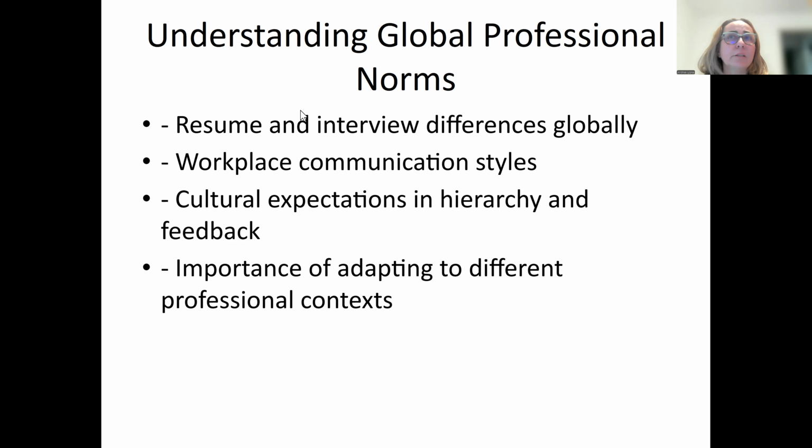Okay, eye contact, another example, it's very important in this culture, right? So if you don't look the person that you are talking to in the eye, they might have the impression that you really don't care about communicating with them. And then small talk.